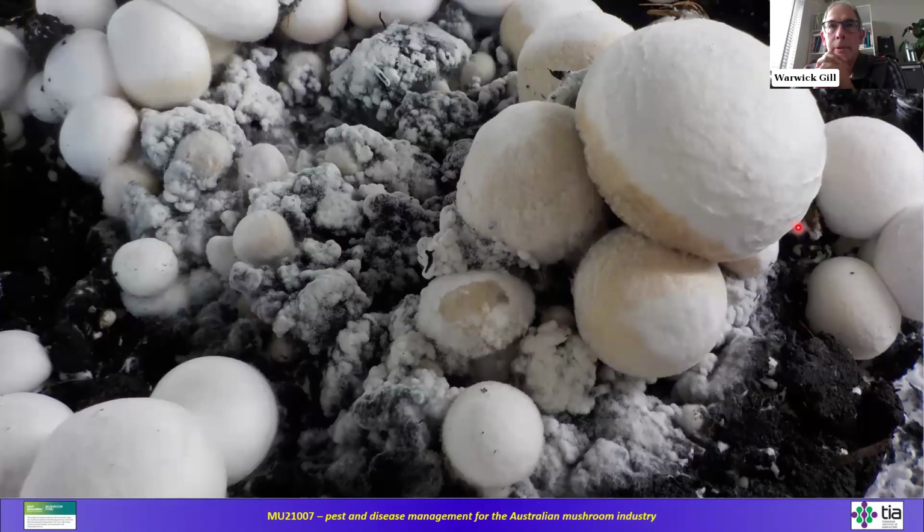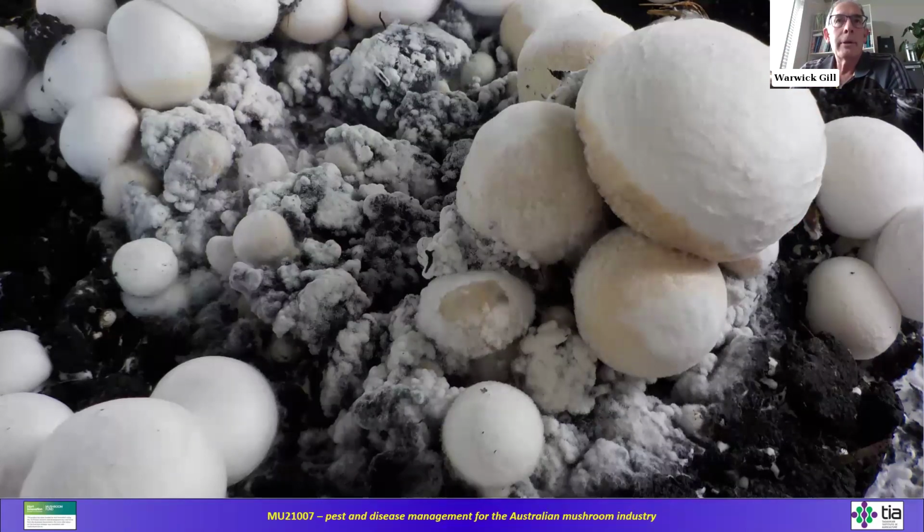If left alone, fungal diseases like this cobweb will basically remain in place. If you have flies, mites, and other things, or people going into a room that's heavily contaminated with cobweb, the spores will be disturbed and they'll be spread around the farm.